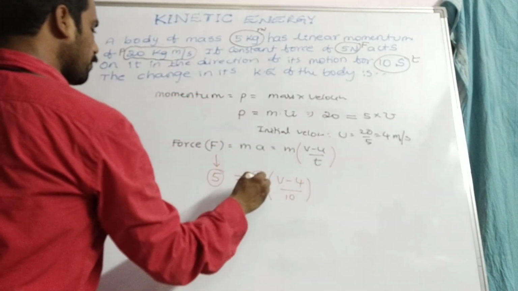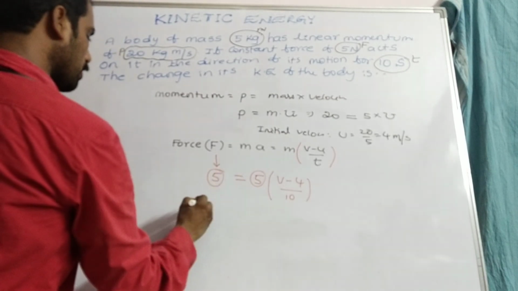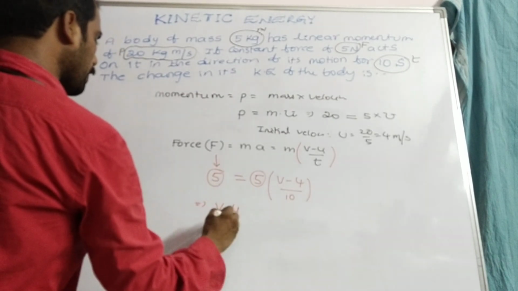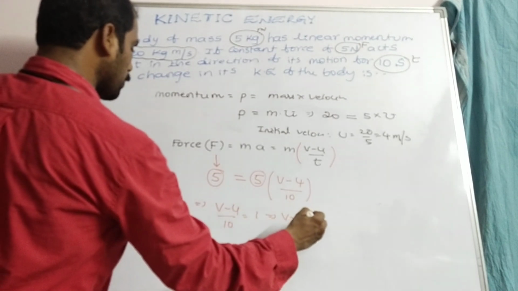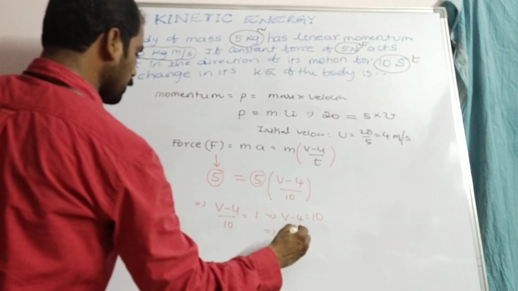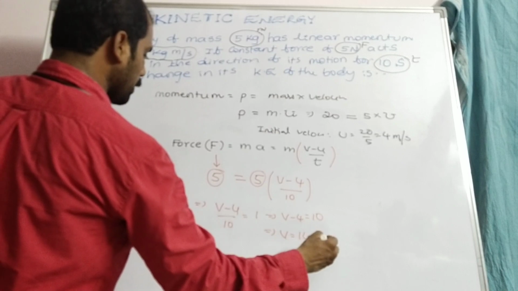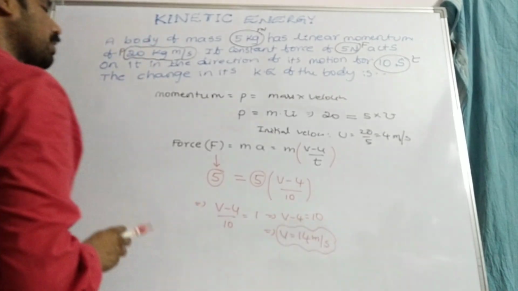Here 5 gets cancelled. That implies v minus 4 by 10 is equal to 1, so v minus 4 is equal to 10. That implies v is equal to 14 meter per second.